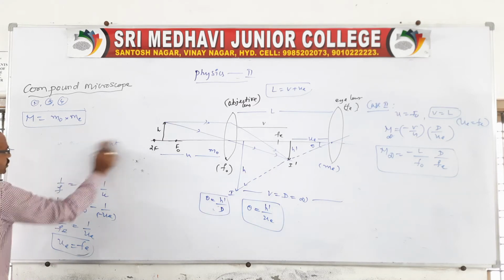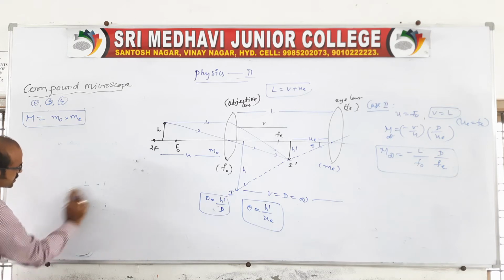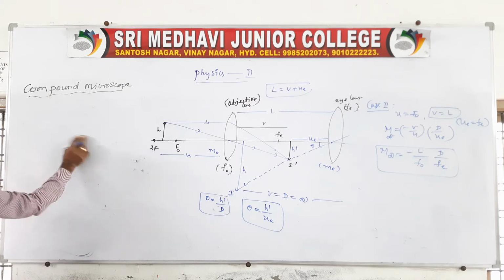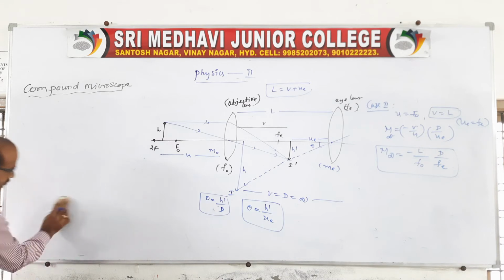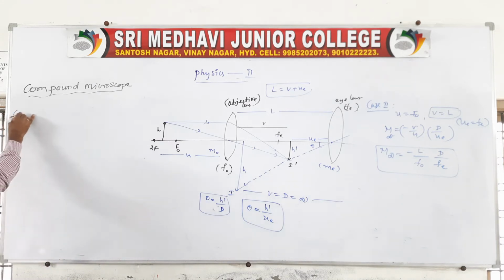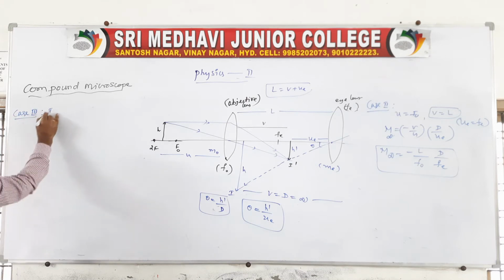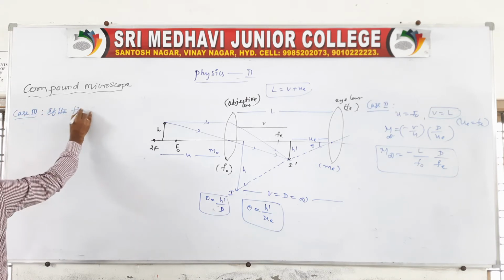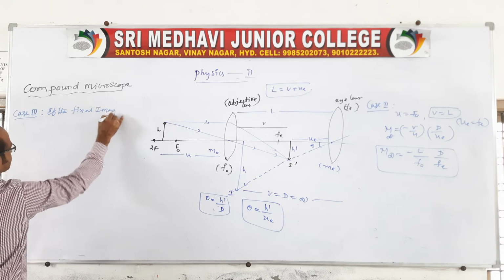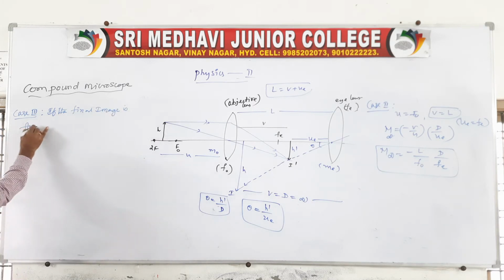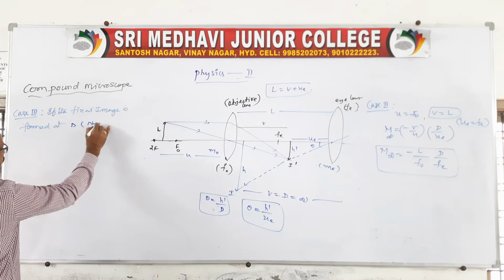In this, I want to tell you about a compound microscope. Third case. Suppose the case is given like this: if the final image is formed at the near point, that we can say is D, the near point.